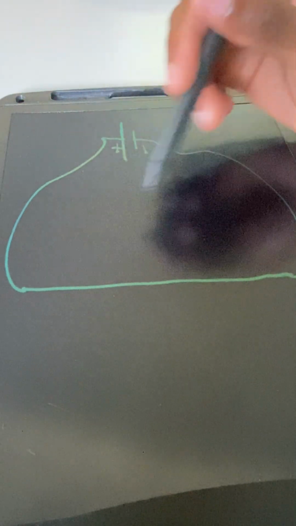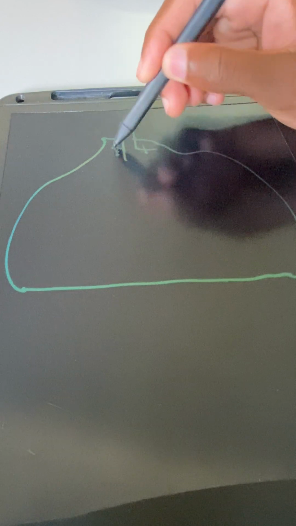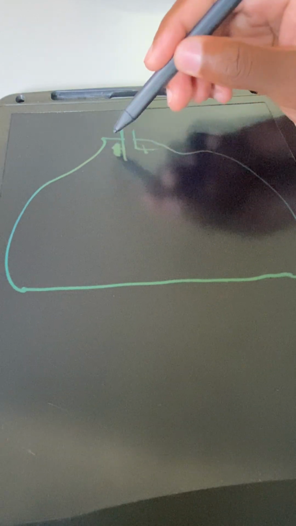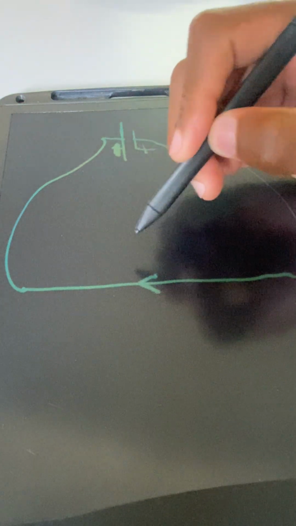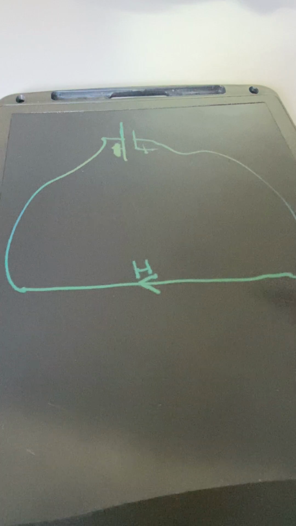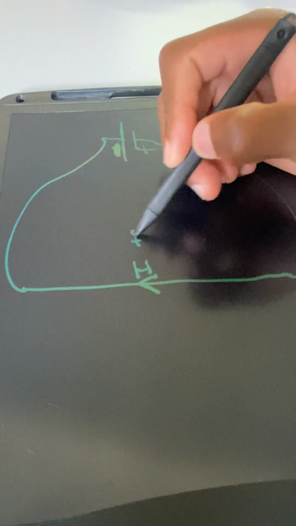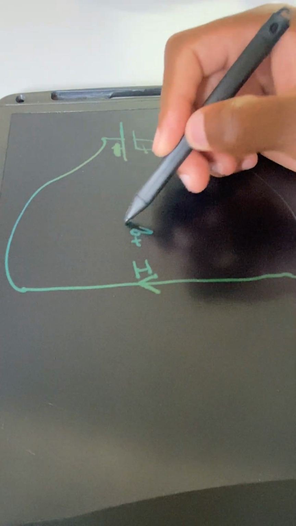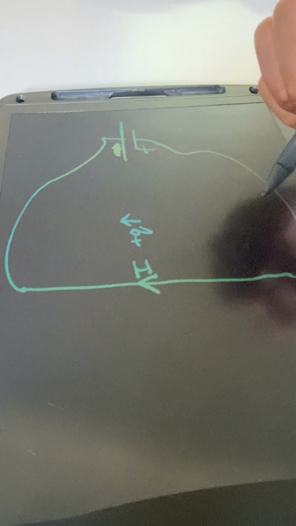Of course, there's moving charge. Say this is positive and this is negative. So we have current moving in this direction within this wire, which means the positive charges are moving in the same direction within the conductor.